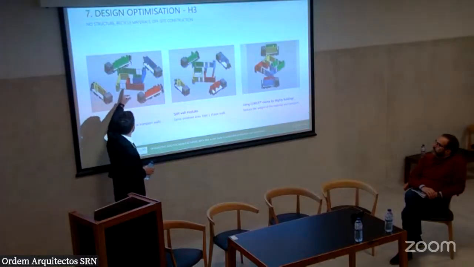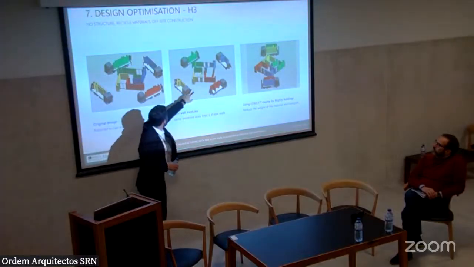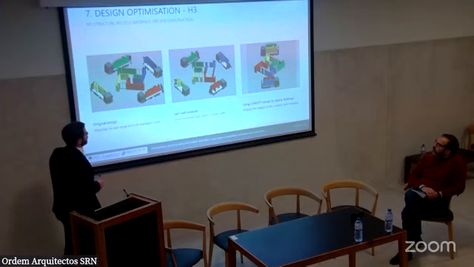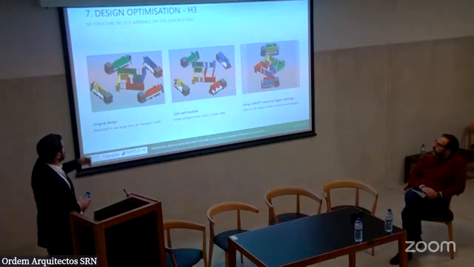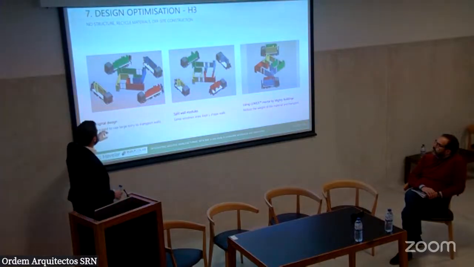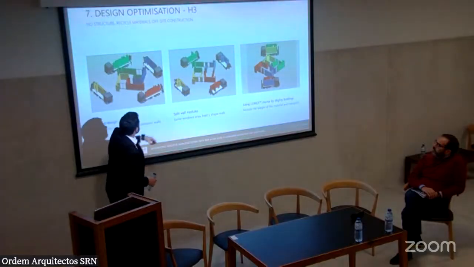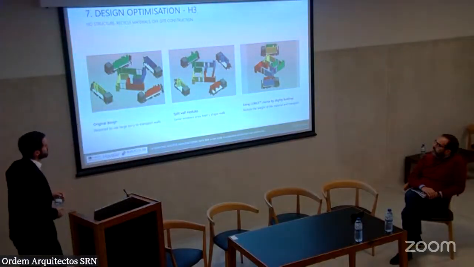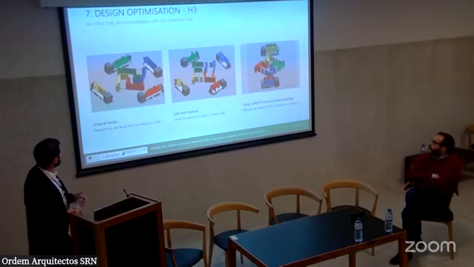Right after, because we have been studying the offsite proposal, it's just moving or splitting the same area of windows and making them both, or dividing. So at least we can have small panels. We can reduce the trucks to move the panels to the site.